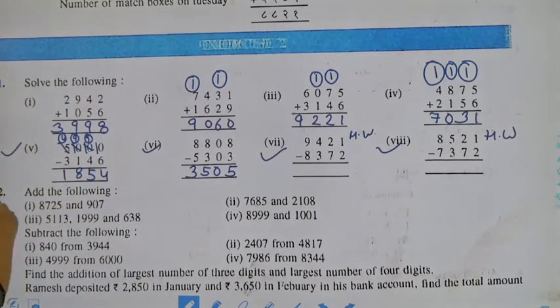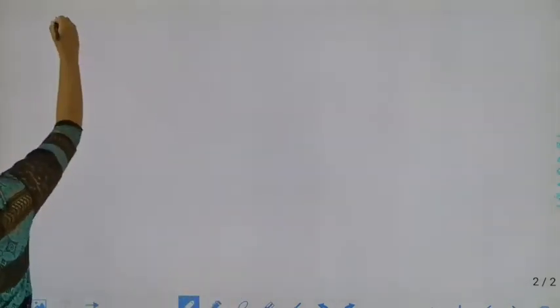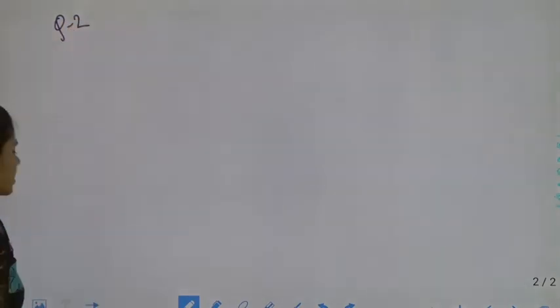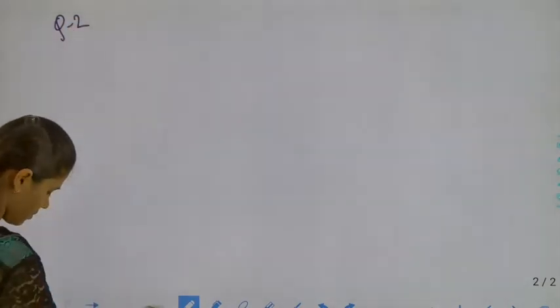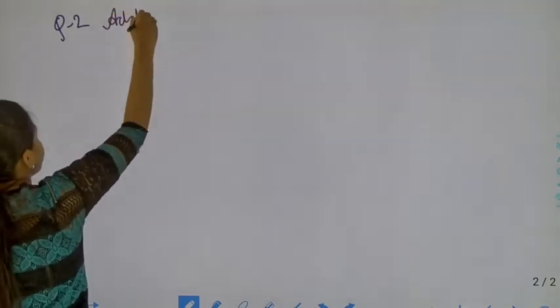Move to the next question, that is add the following number. Now we have to arrange in the place value, then we have to do addition. Question number second. Add the following.